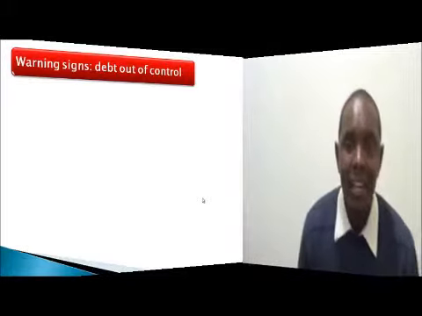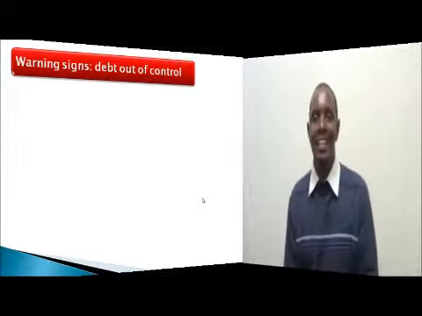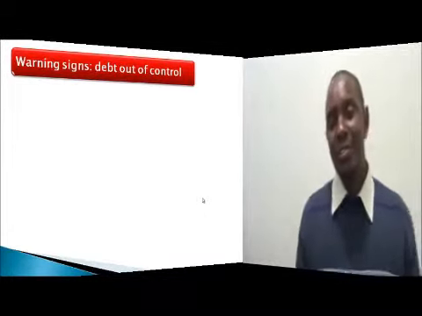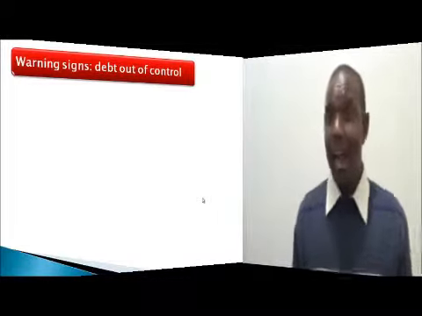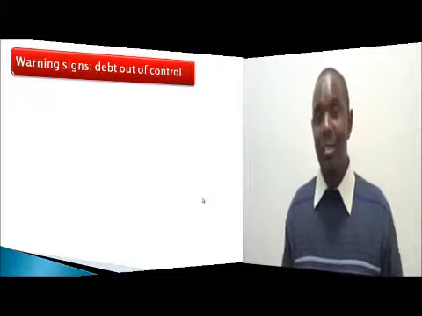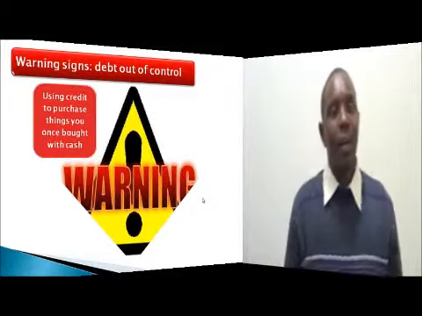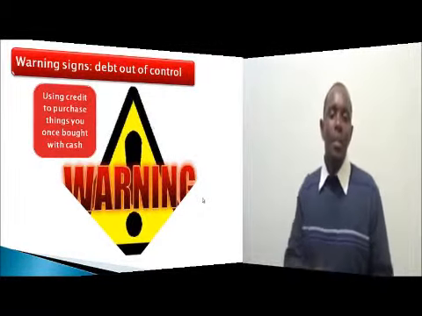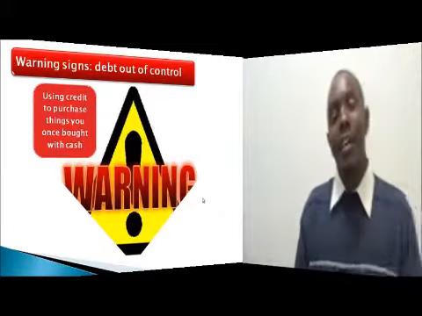What are the warning signs that the debt is out of control? If you've borrowed, there are warning signs that the loan or the debt that you have is getting out of control. One, using credit to purchase things once bought with cash.